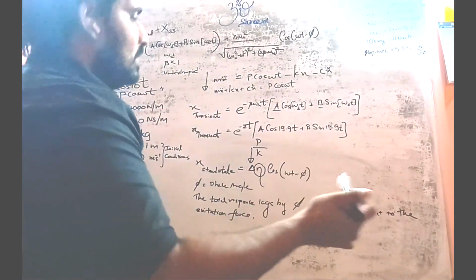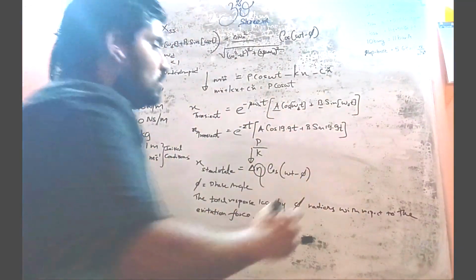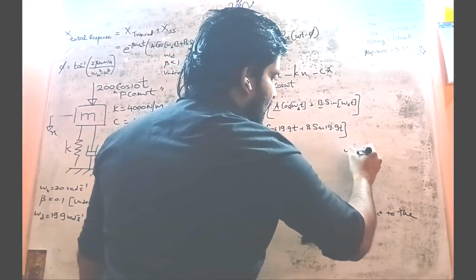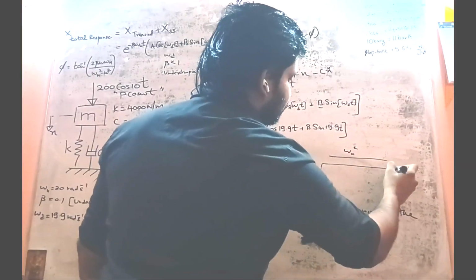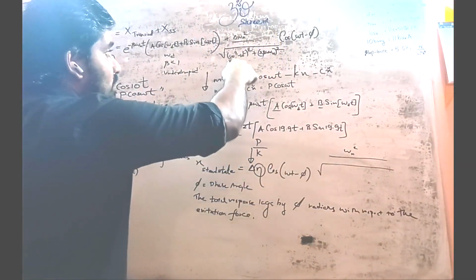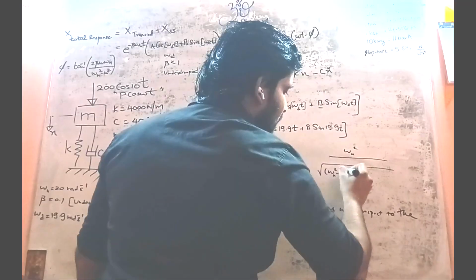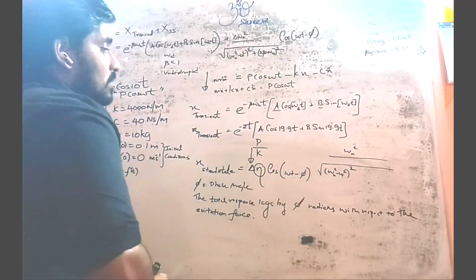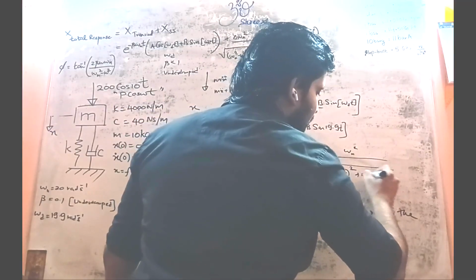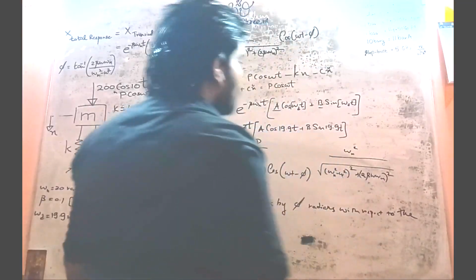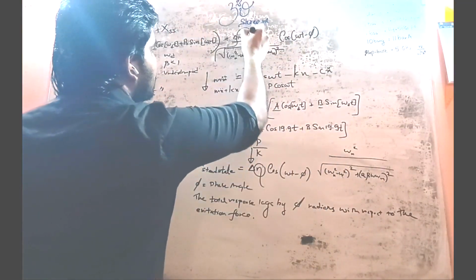But we have derived this equation up to this omega n whole thing squared, and that is divided by omega n squared minus omega squared whole thing squared, plus 2 beta omega omega n whole thing squared. So I'm only going to consider this part.